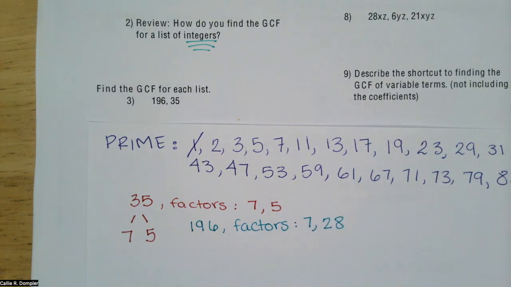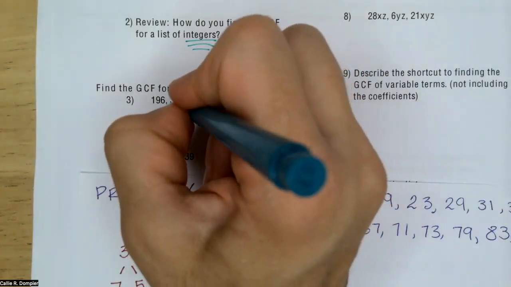We're going to ignore 35 times 1, so we're going to ignore the number and itself. So the only factors of 35 are 7 and 5. Of those two factors, the only one that could possibly be common to 196 is 7. So the greatest common factor is 7.